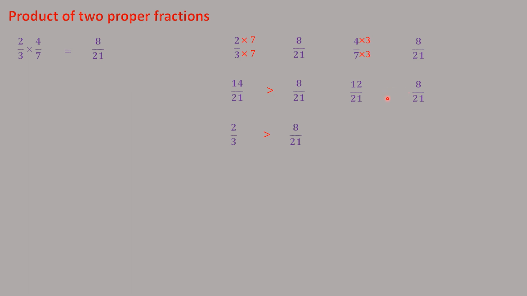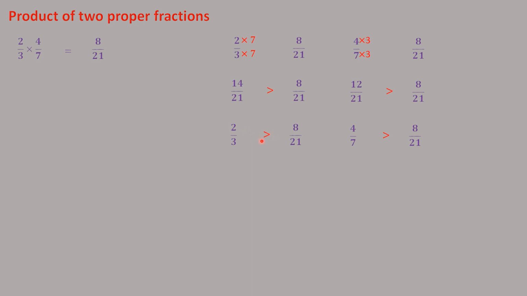So that becomes 12 by 21 and this is 8 by 21. Now you can say which is larger? Yes, 12 by 21 is larger than 8 by 21. 12 by 21 means our fraction 4 by 7 is greater than 8 by 21.